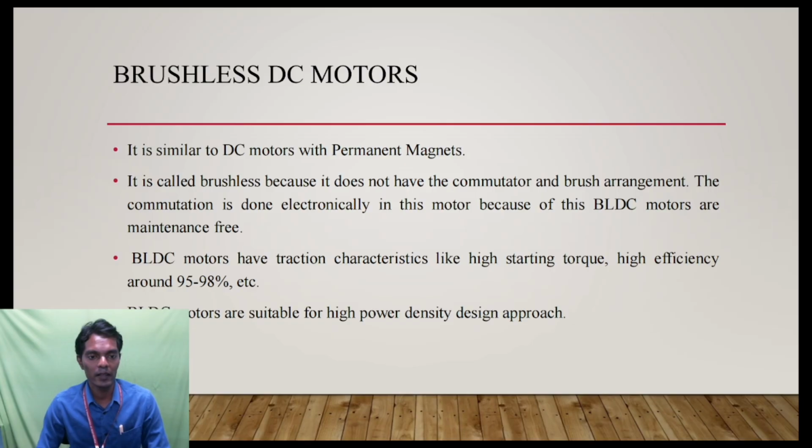That is the key. BLDC motors do not require constant maintenance. Once you install one in your vehicle, it is ready and good for several years. Also, efficiency is over 95%, and they are very good for high power density.